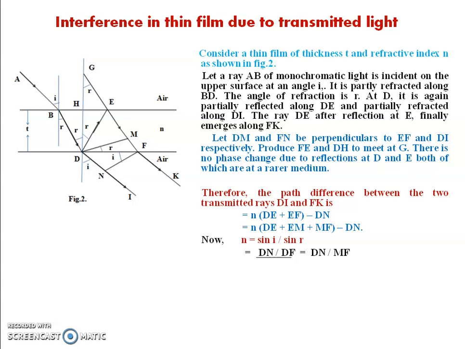Now let us find out what sin i is. Sin i is nothing but DN upon DF, and sin r is MF upon DF. So we can write μ as DN upon MF, because DF will get cancelled, or DN can be written as μ into MF.